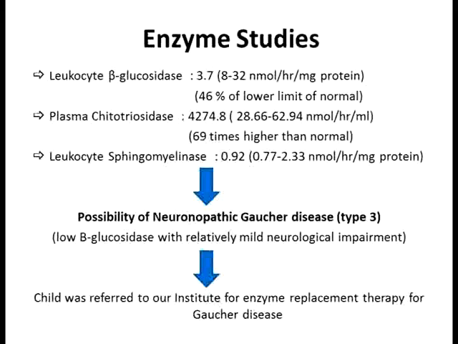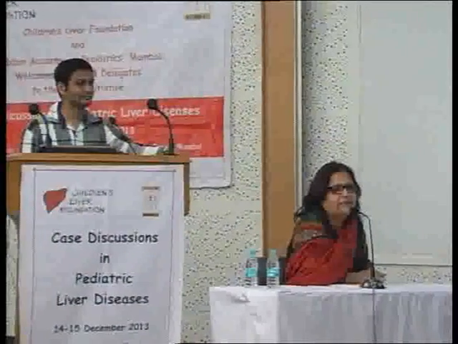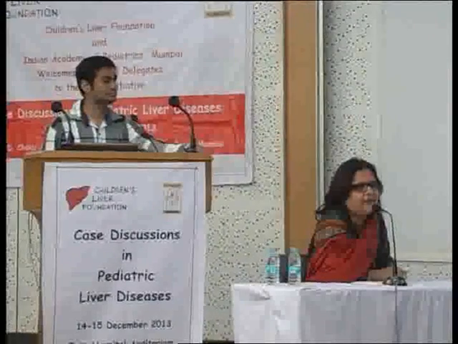So then why was the need for a bone marrow in this? Actually, everything was done there. So when you look at this, can you discuss, or anyone in the audience, what's the importance of these? The first enzyme appears to be about 46% of the normal limit. And the next one is the macrophage activating marker.